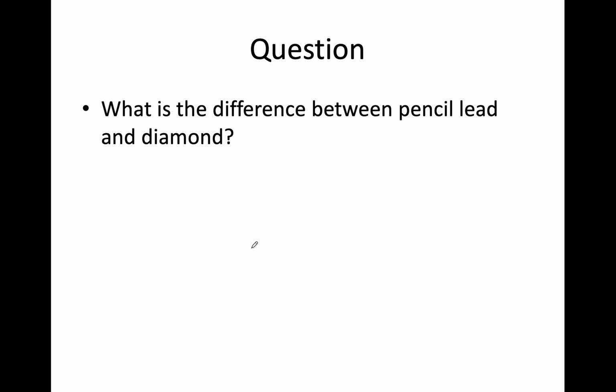So I want to talk about what is the difference between pencil lead and diamond. Normally I'd have you all discuss this and tell me what you know about this, but the reality is pencil lead and diamond are made of the exact same material, and that material is carbon. The only difference is the way that material, carbon, is structured.